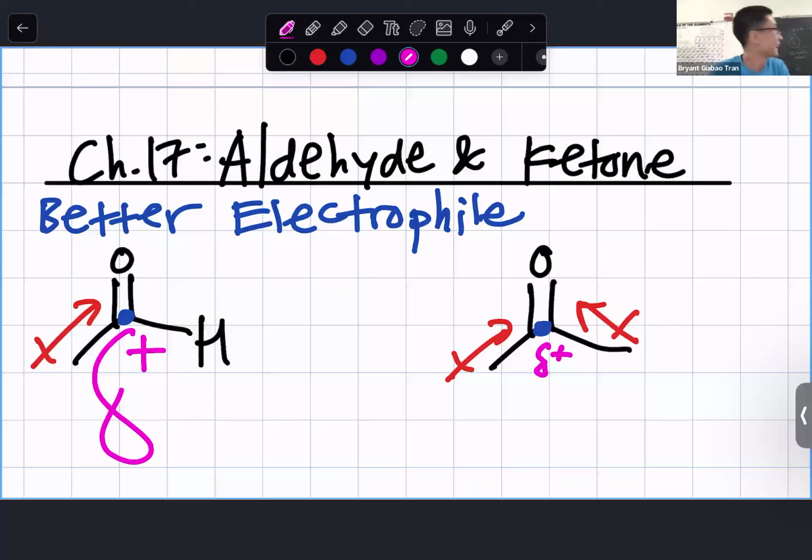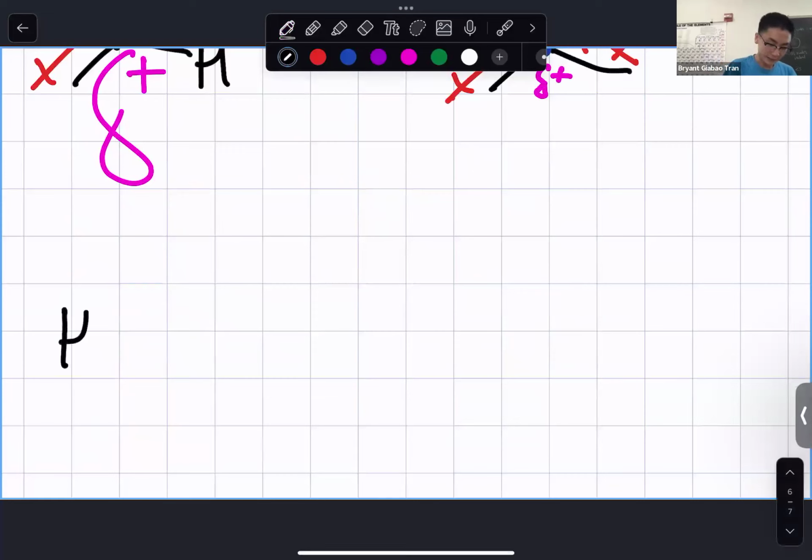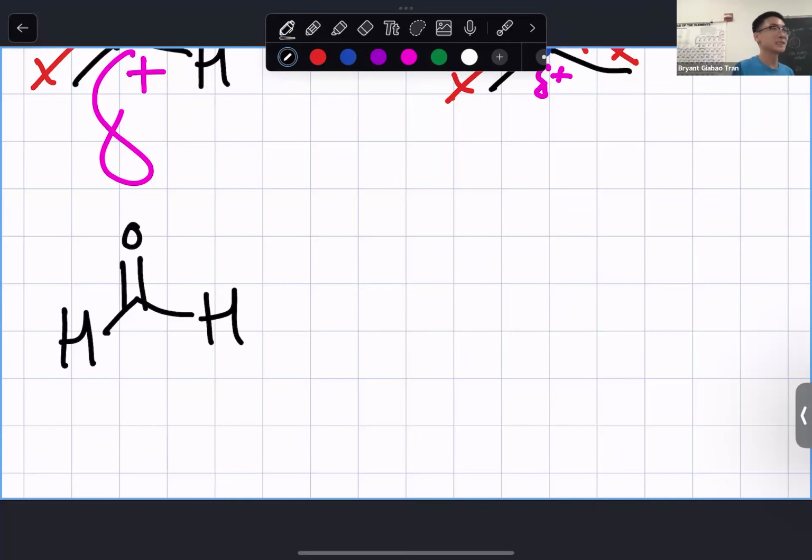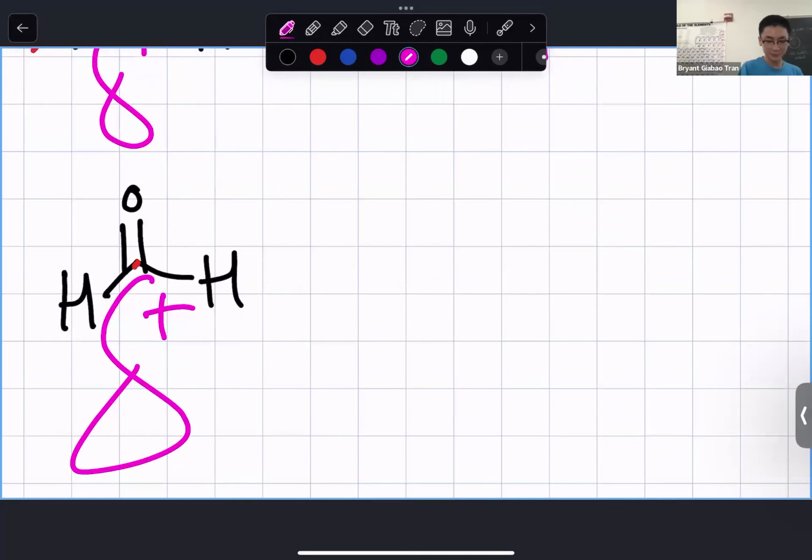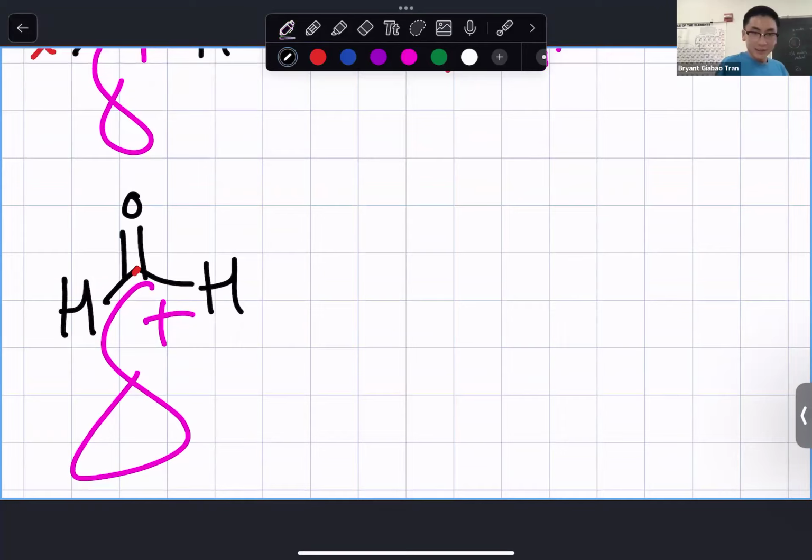If this attached to a benzene ring, it would be considered an EWG, but we're treating this as a system now, and the very first atom attached to the system is the R group, which is an EDG. An even better electrophile is formaldehyde, a carbonyl with no R groups at all, just two hydrogens, no EDGs, so a bigger partial positive charge there.